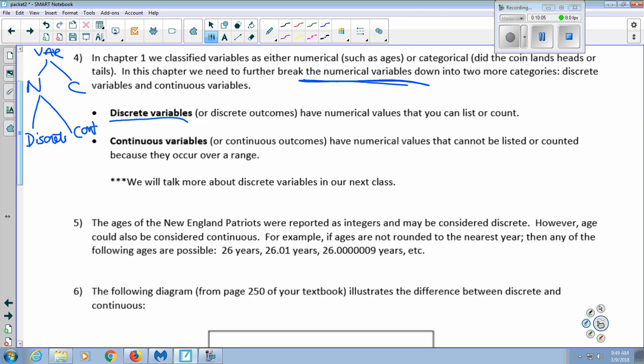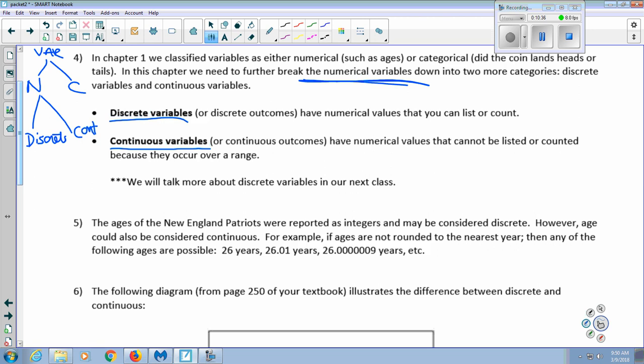The other type of numerical variable is a continuous variable. They are numerical variables that can't be listed or counted. They occur over a range. If you think about weights of babies being born, they could be 15.45 ounces. If you had a more exact measuring scale, that'd be a pretty big baby. You could go out further.